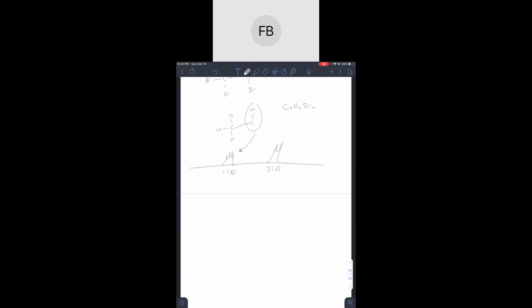One hydrogen is a quartet, i.e. the carbon adjacent to it is attached to 3 hydrogens, because you add one more. These 3 hydrogens are showing up as a 3 doublet, meaning that there's 3 hydrogens and they're all doublets because adjacent to that carbon, there's another carbon that only has 1 hydrogen on it.